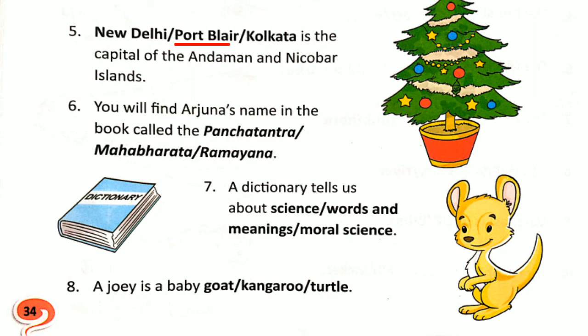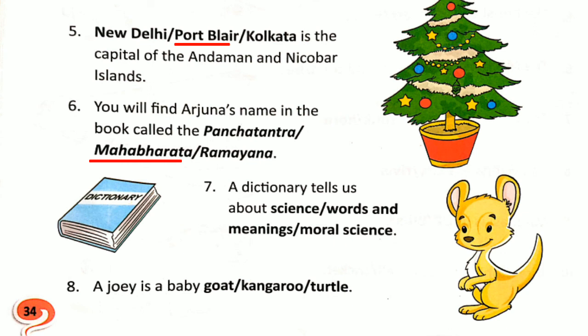Now number 6: you will find Arjuna's name in the book called the Panchratna, Mahabharat, or Ramayana. Arjuna we find in the Mahabharat. Okay, very good.